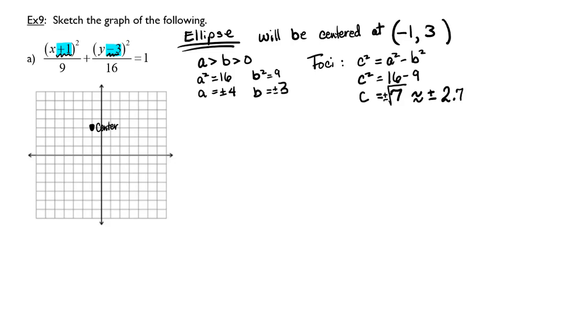So if I know that my foci are going to be a vertical distance because my ellipse has a more vertical direction, the major axis is the y-axis instead of the x-axis, I'm going to take my value of 3 and then add or subtract 2.7. So 3 plus 2.7 will be 5.7. And 3 minus 2.7 will be 0.3. So these are my foci.